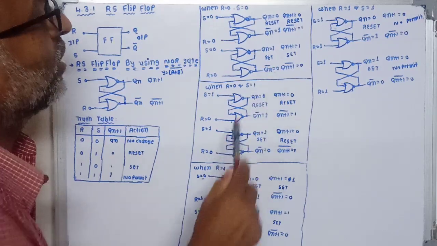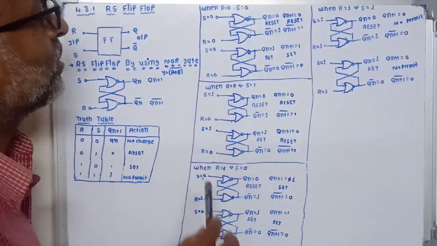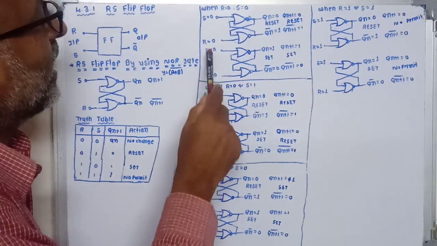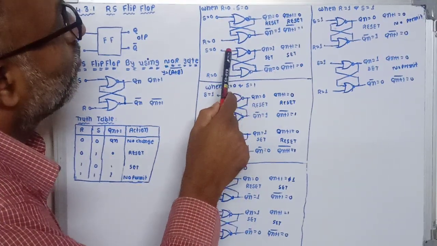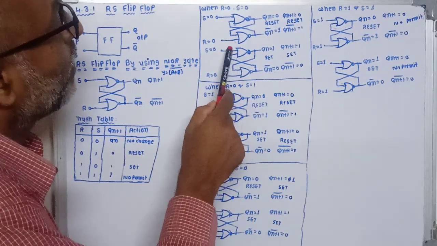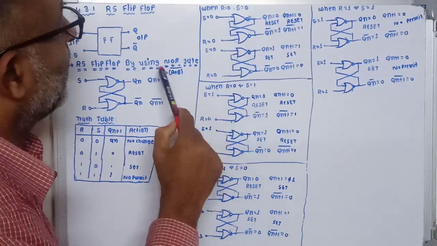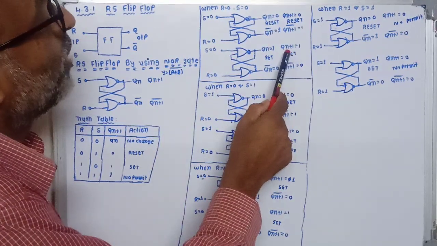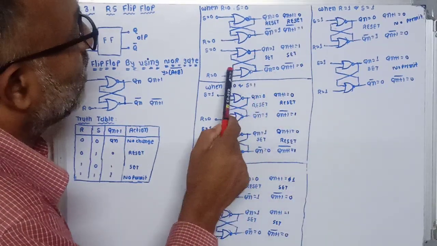that means Qn is equal to 1 and Qn bar is equal to 0. Now when the S and R inputs, both 0, are applied to the set and reset terminals of the flip-flop, the two inputs available at the first NOR gate are 0 and 0. 0 plus 0 is 0, and its bar is 1. So our new output Qn plus 1 is equal to 1. Now this 1 is available at the second gate.